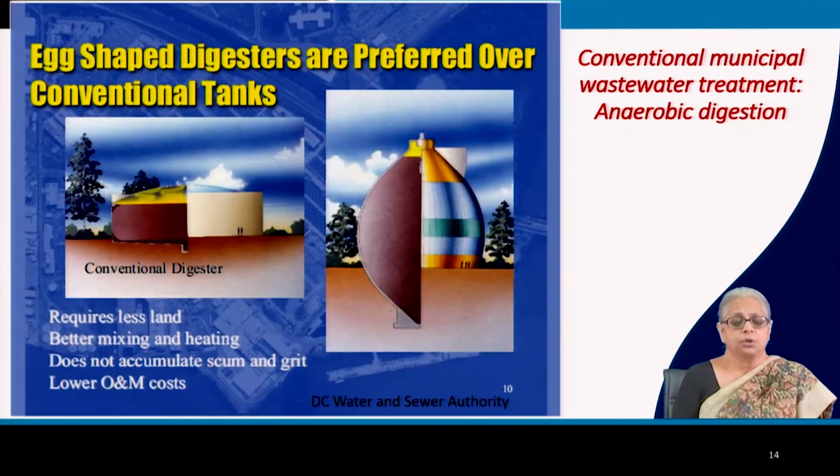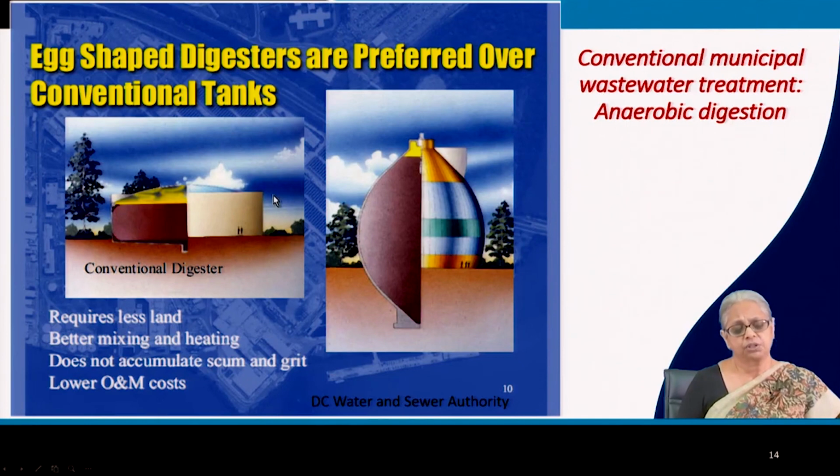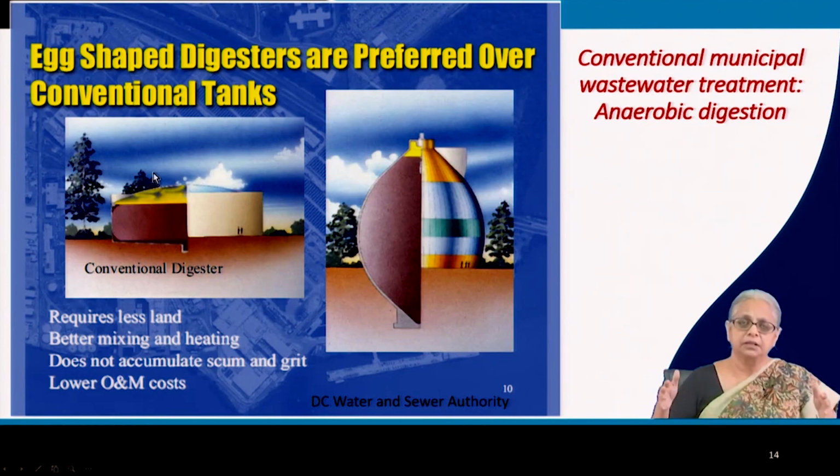These are examples of different types of anaerobic digesters. Way back 50-60 years ago, people used to use digesters like these. These are what are called conventional digesters. So they were very large cylindrical tanks.